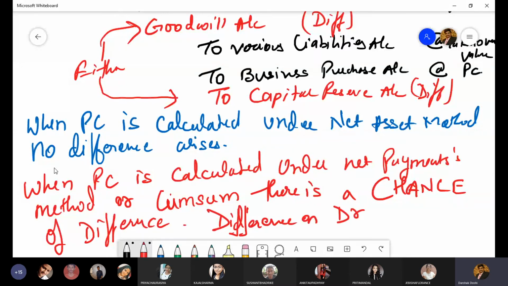Difference on debit side is goodwill and difference on credit side is capital reserve.